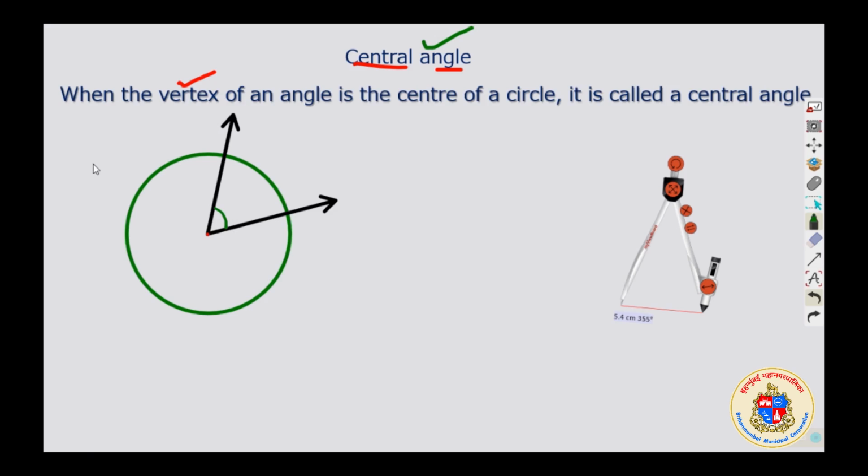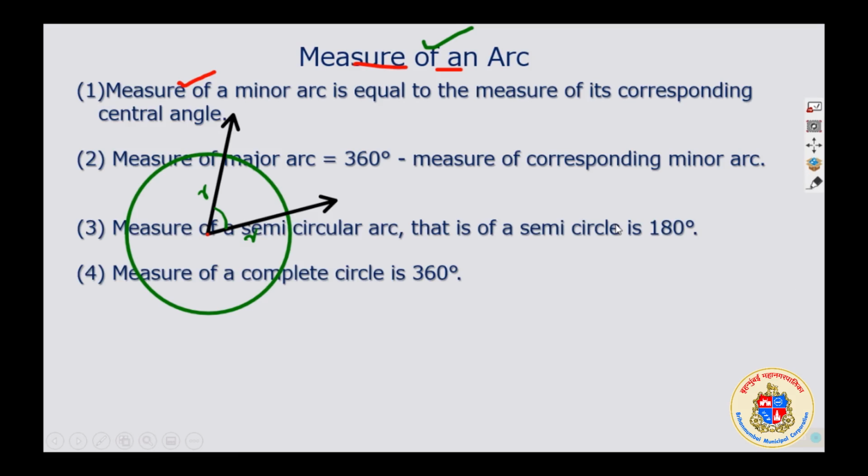And plus, the length of this arc is decided by the radius of this circle. 2 things will decide the size and measure of an arc. So central angle drawing is done in order to make you understand the concept of measure of an arc.